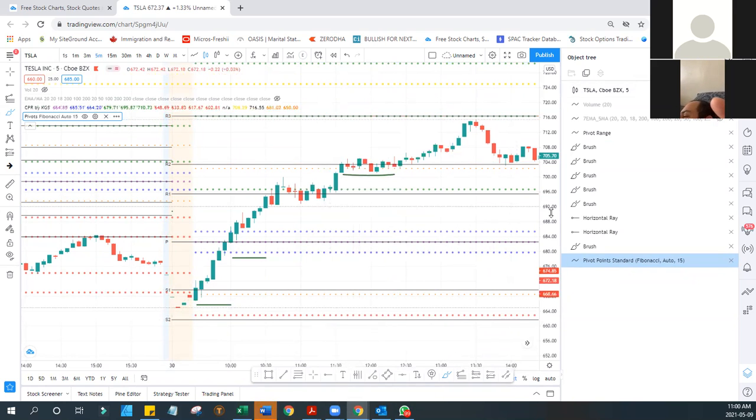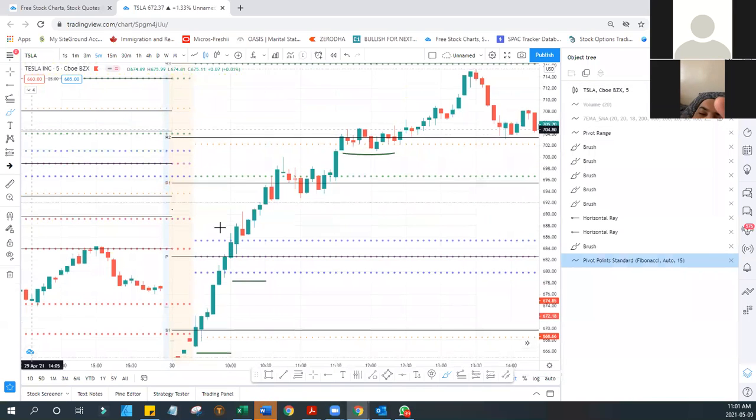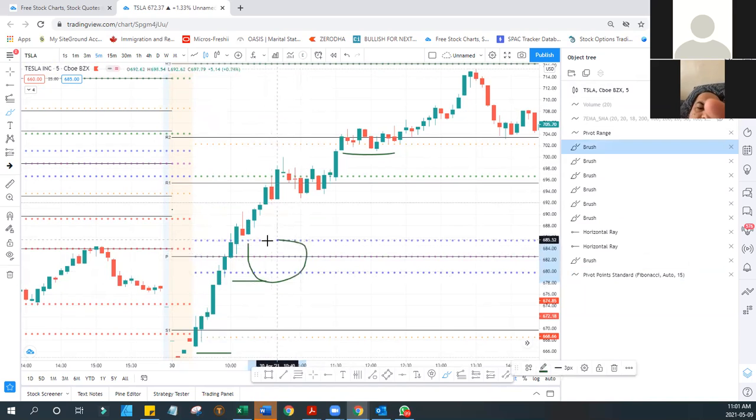Now if you see on these pivot points, it is the same, right? But this gives a little bit of range, and this range will act as your good support or resistance.